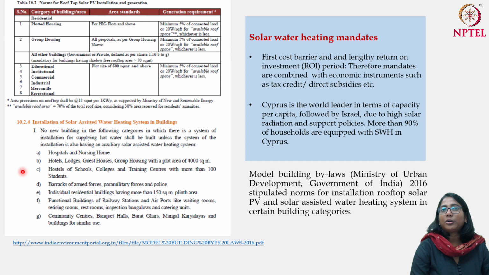This is not only because they get direct sunlight and radiation which is very significantly high, but also because they have a very favorable policy regime and economic incentives to promote solar water heating. More than 90% of households are equipped with solar water heating systems in Cyprus.